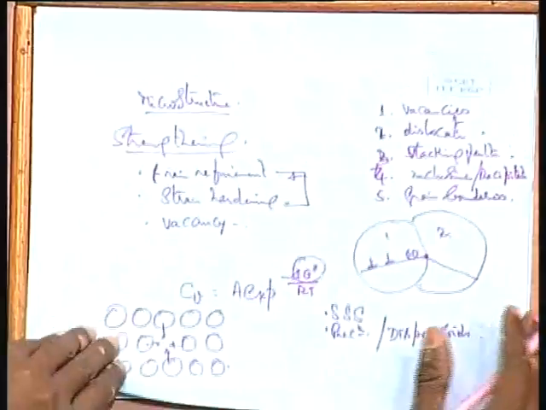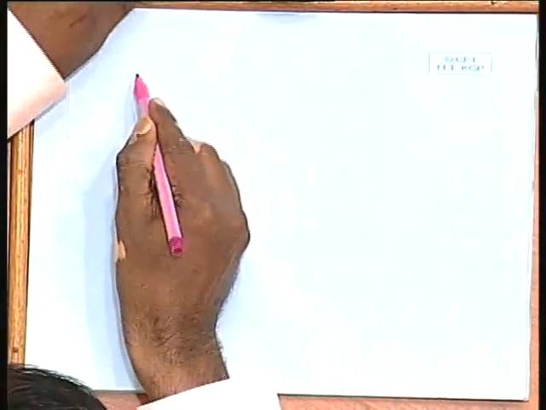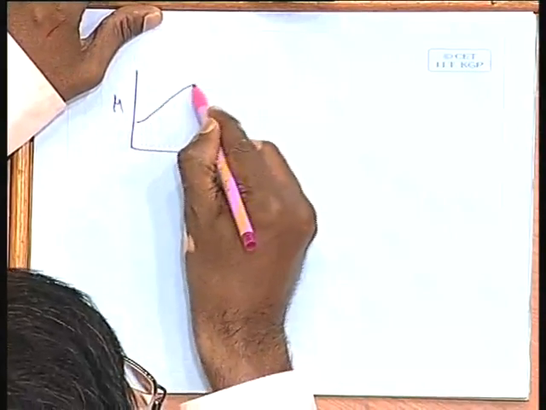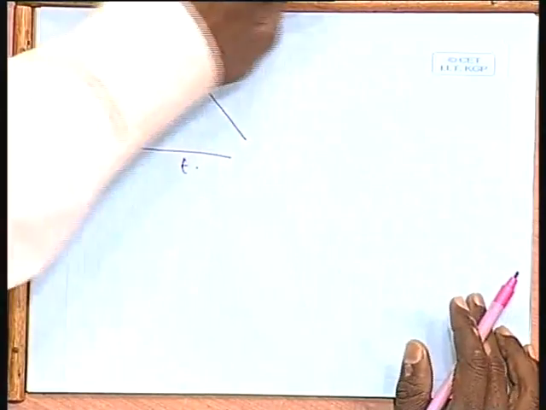That is why in precipitation hardening, if you plot the hardness as a function of the time of aging, you see that the hardness increases up to a certain extent. For example, if you plot hardness as a function of time, you see this kind of a nature, is it not?